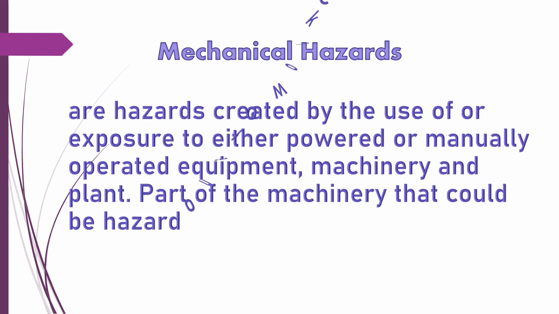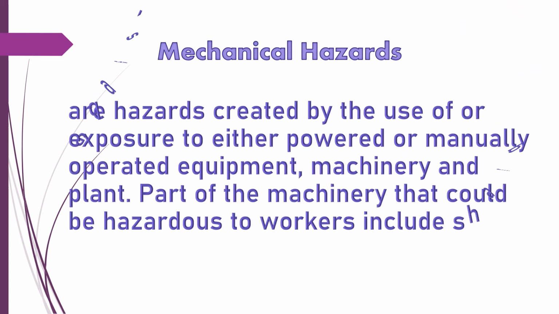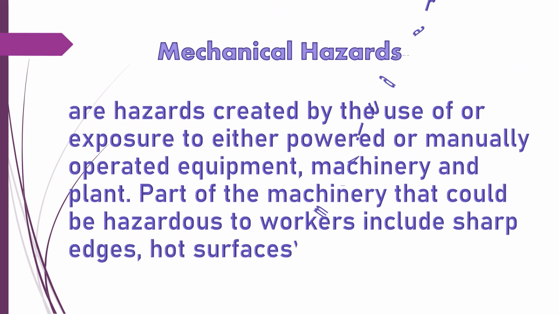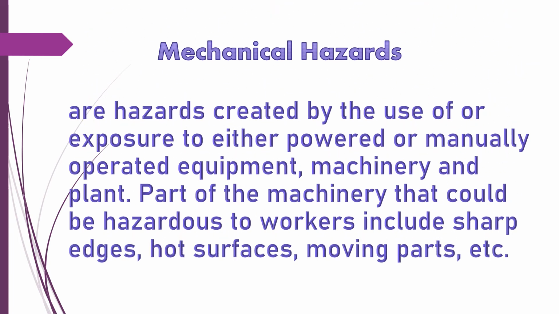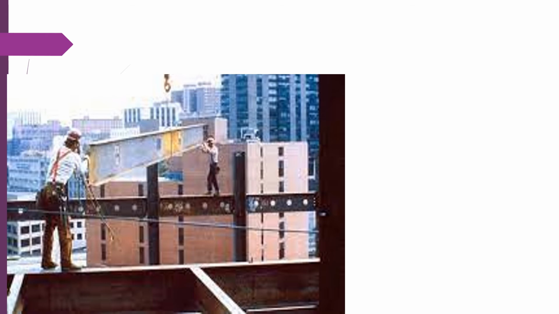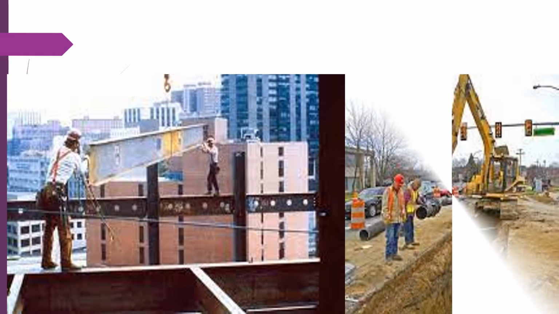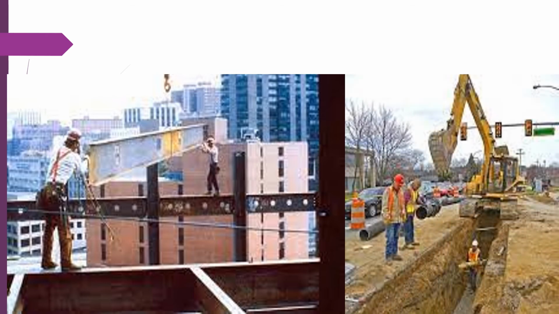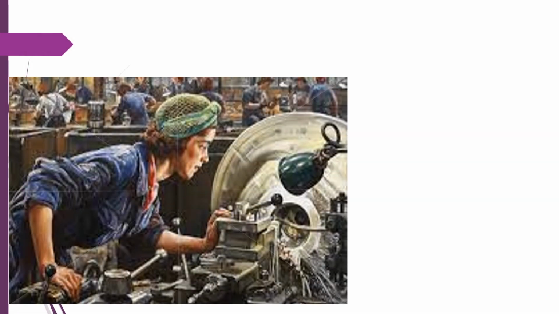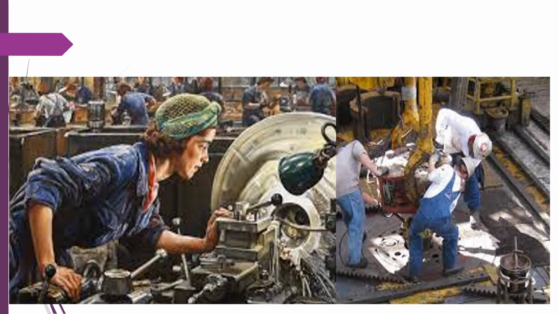Parts of the machinery that could be hazardous to workers include sharp edges, hot surfaces, moving parts, etc. Men at work with machinery can also be considered a mechanical hazard. Involving a machine in the workplace is an example of mechanical hazards.